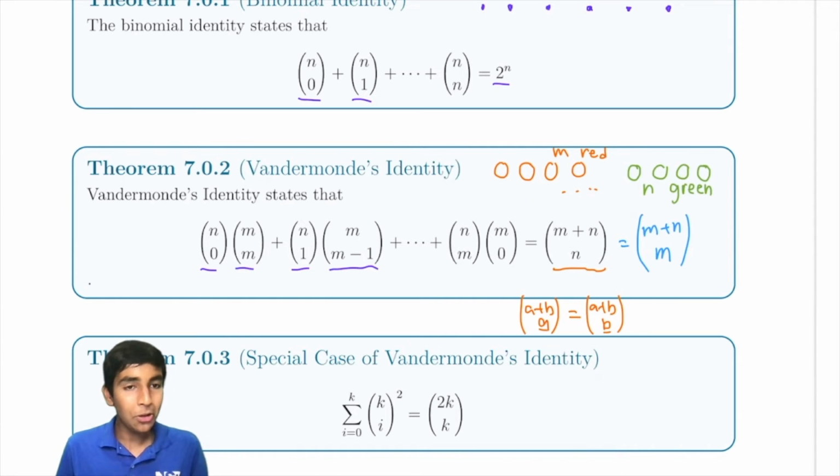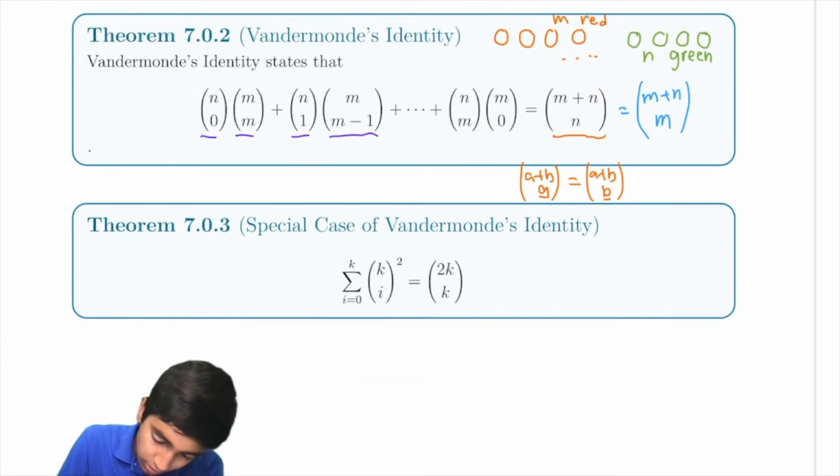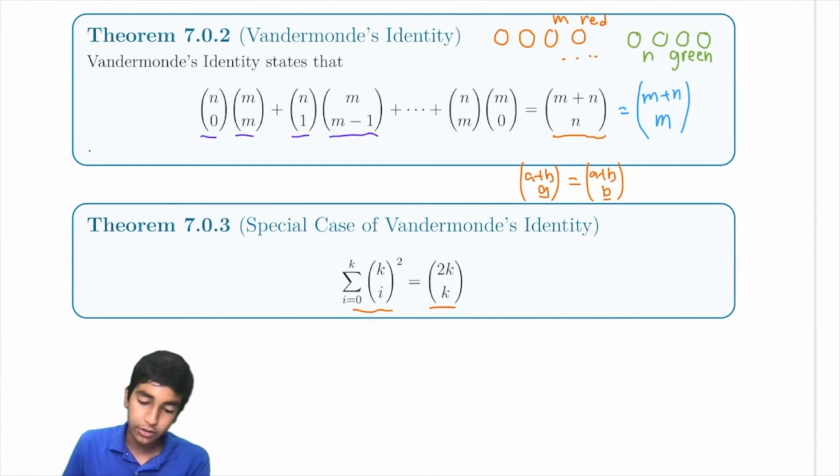Now there's a special case of Vandermonde's identity, and we're actually going to use this in one of our problems. The sum of k choose i squared is just 2k choose k.